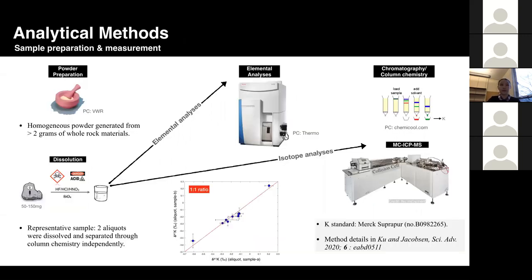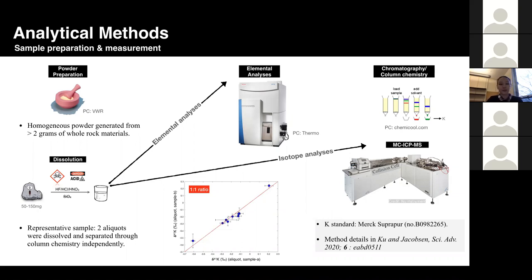Move to our analytical method. The first step we do is to gently crush rocks in order to make powder for dissolution. Then we use a mixture of hydrofluoric acid, hydrochloric acid, and nitric acid to dissolve the rock. And to check how representative our samples are, we dissolve multiple aliquots of the same powder, marked as A and B in the figure and in our paper.